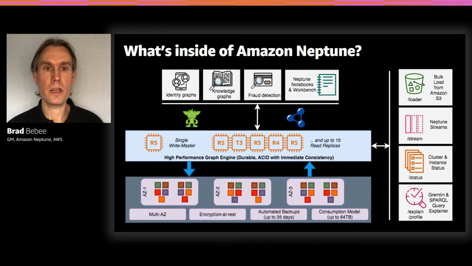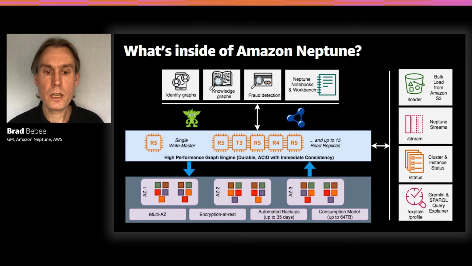That engine itself is exposed through both a property graph interface supporting Apache TinkerPop and providing a Gremlin WebSocket server, as well as a Gremlin REST endpoint, and also supporting RDF graphs. So we support a SPARQL endpoint, which is exposed as a REST interface by the Neptune interface. And you can use these to build your applications on top of the service.